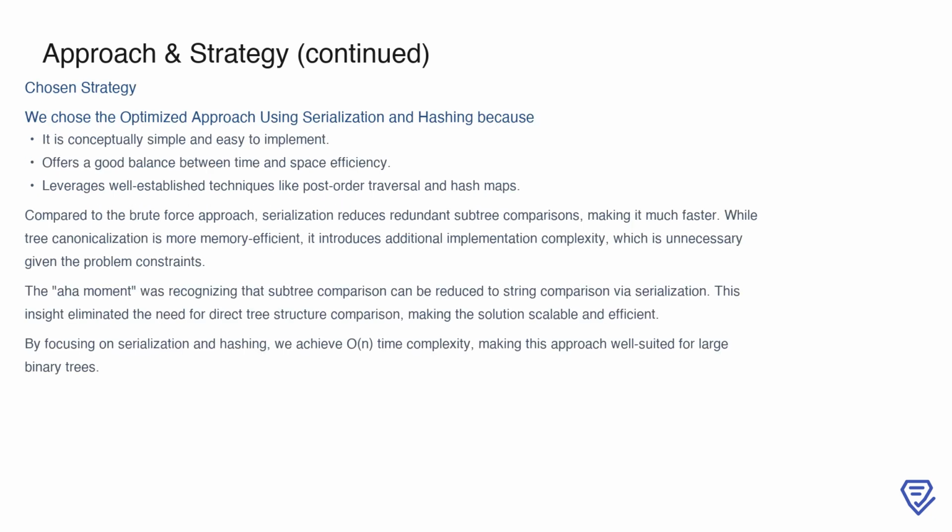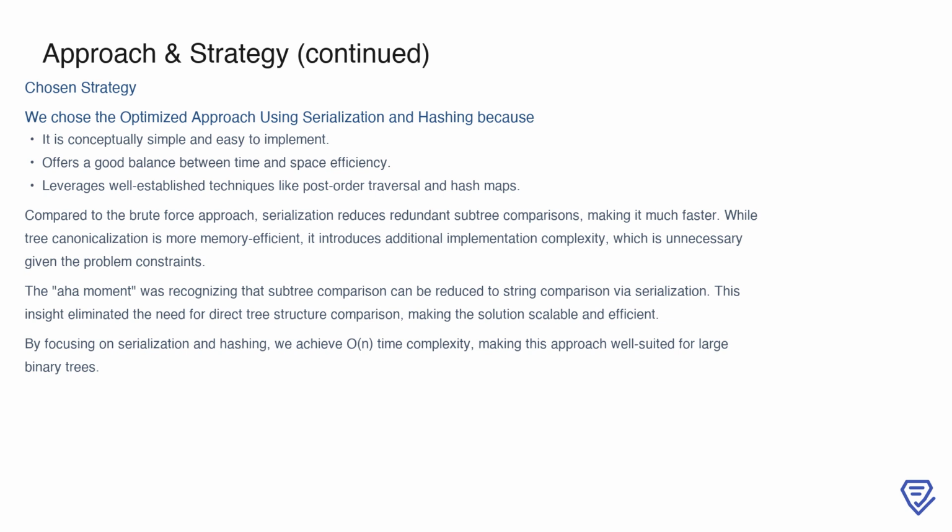Ultimately, the chosen strategy is the optimized approach using serialization and hashing. This method strikes a balance between simplicity and efficiency, making it well suited for solving this problem. By leveraging post-order traversal and hash maps, we avoid redundant subtree comparisons, significantly improving performance over the brute force approach. Serialization allows us to reduce subtree comparison to string comparison, which is both intuitive and effective.